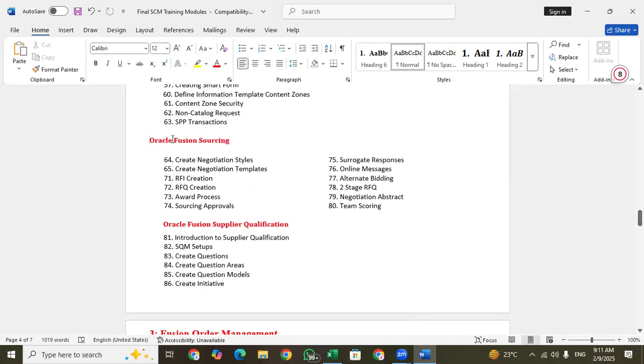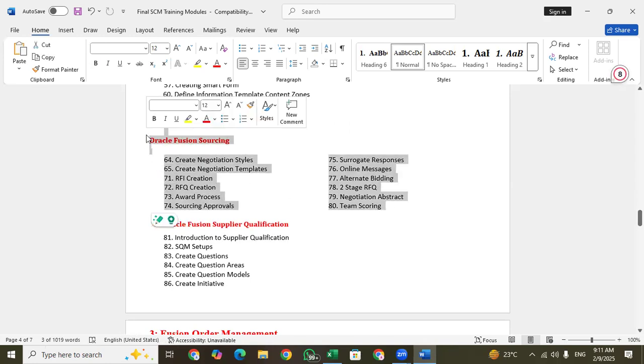Then coming to sourcing, it is nothing but negotiation. For example, you go to the fruit market or the vegetable market. You cannot buy the material directly. First the price is settled, and only then can you buy the fruits.